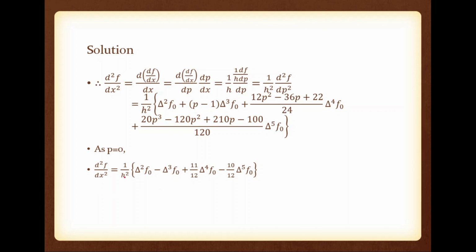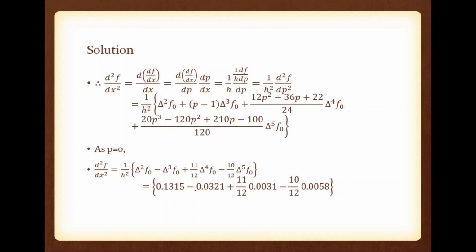What is h? Value of h is 1, so 1 by h square is 1. So we can leave that. Now what is inside that? Delta square f0 is 0.1315 minus delta cube f0 is 0.0321, plus 11 by 12 into 0.0031 minus delta raised to 5 f0 is 0.0058.